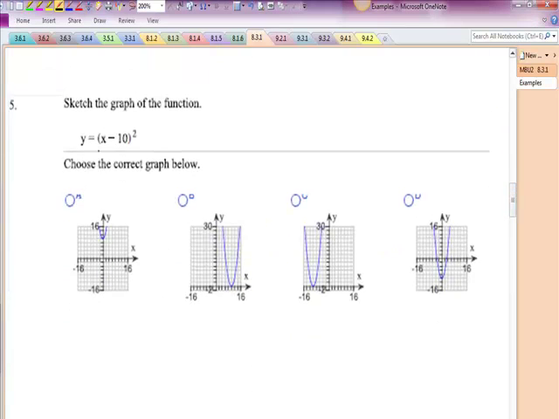It has x -10, and then it's squared. So it is a squaring function, which means it's a U shape. And inside the square, it has a -10, which means it's going to shift right 10.